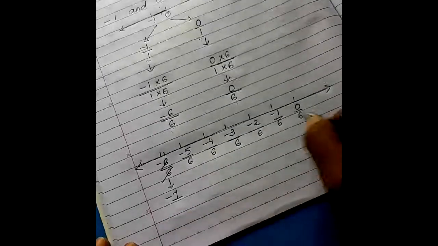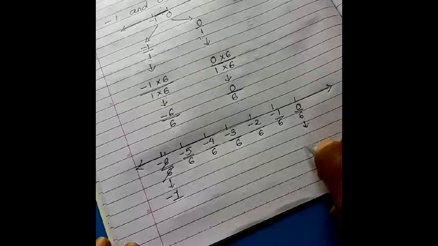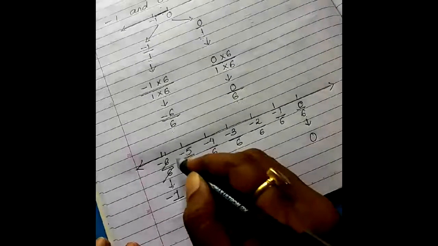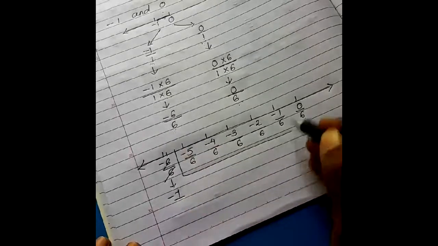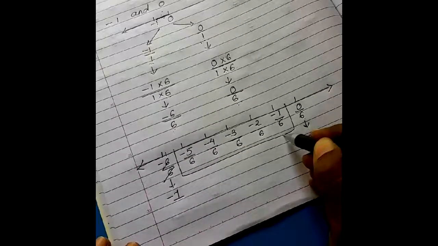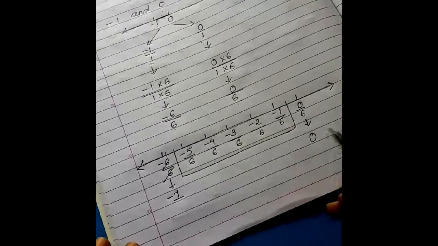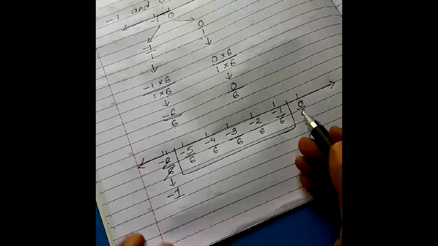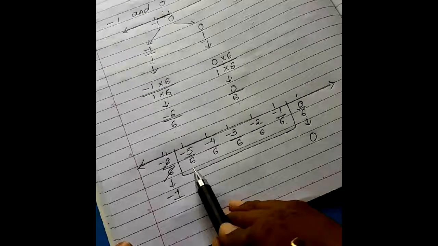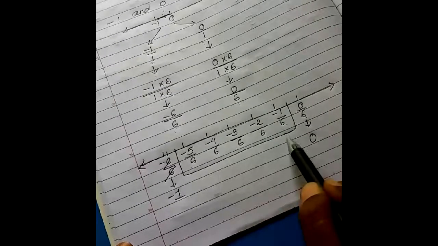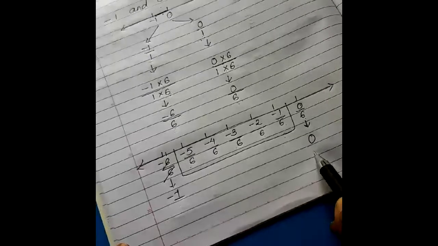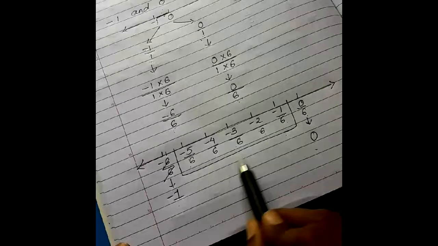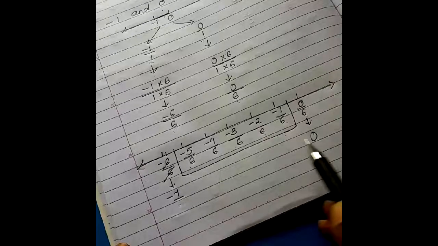Yes. 0 upon 6 is actually 0. So can I say that these are 5 rational numbers? 1, 2, 3, 4, 5. It's okay even if you find more than 5, but we just need 5 rational numbers. These are the 5 rational numbers between -1 and 0.